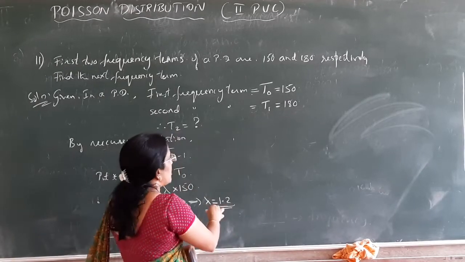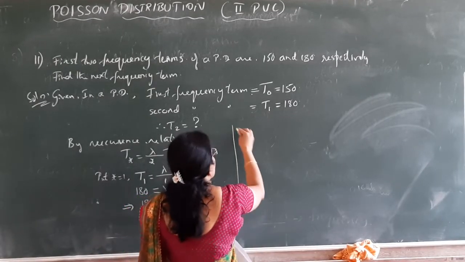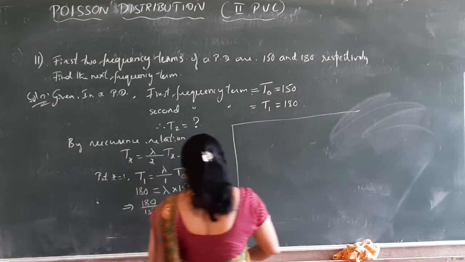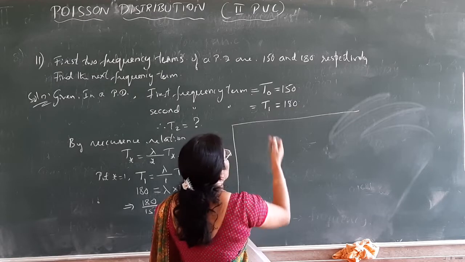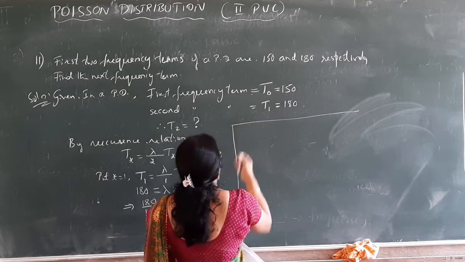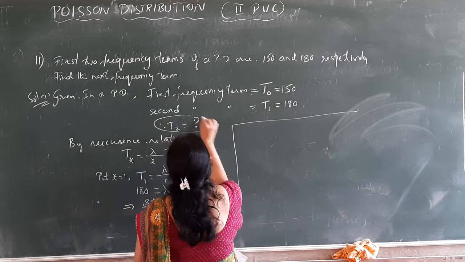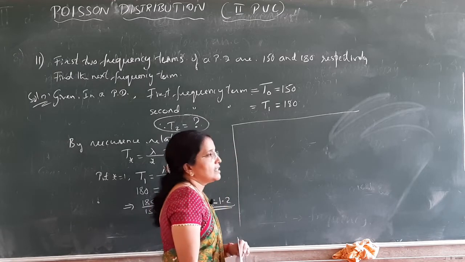Next, once you know lambda, once again use the same recurrence relationship to find the next frequency term. Next frequency term is T2, third frequency term.